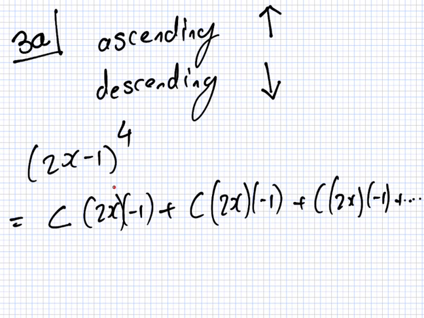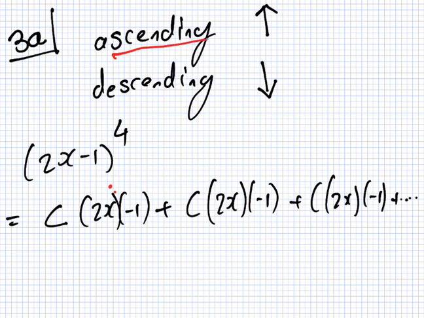Now what power should I put here? 0 or 4? 0, because they want ascending. So I must start the x with 0, 1, 2.